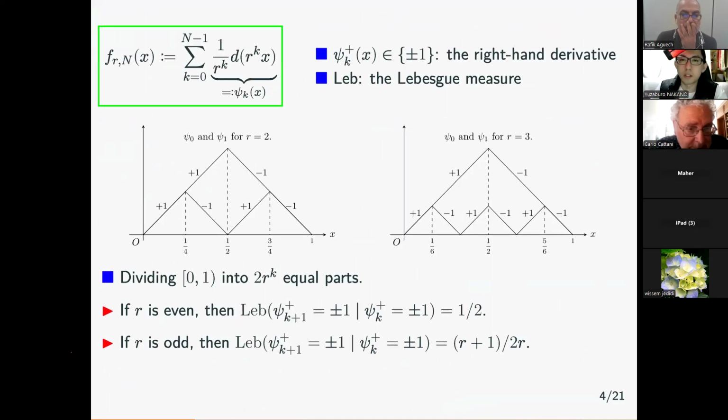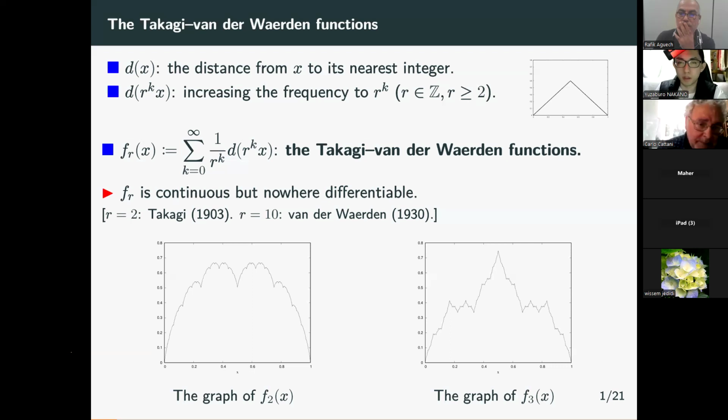Yes. Back to the definition of the Takagi-van der Waerden functions. D of x is the distance from x to its nearest integer. But d of x is also the fractional part of x.